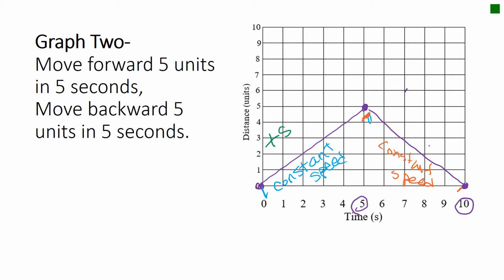When you have a positive slope for a distance versus time graph, a positive slope means you are going away from the origin. A negative slope means you are going towards the origin.